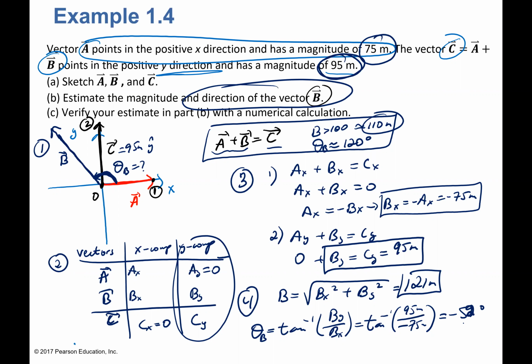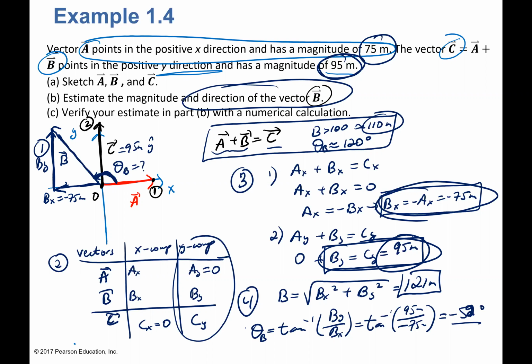Now, it's important to understand why I'm getting negative 52. When I'm using the components of vector B, I found the x component is negative 75 meters, so I found this x component, Bx equals negative 75 meters. And then I found the y component of B is 95, so I found this y component.